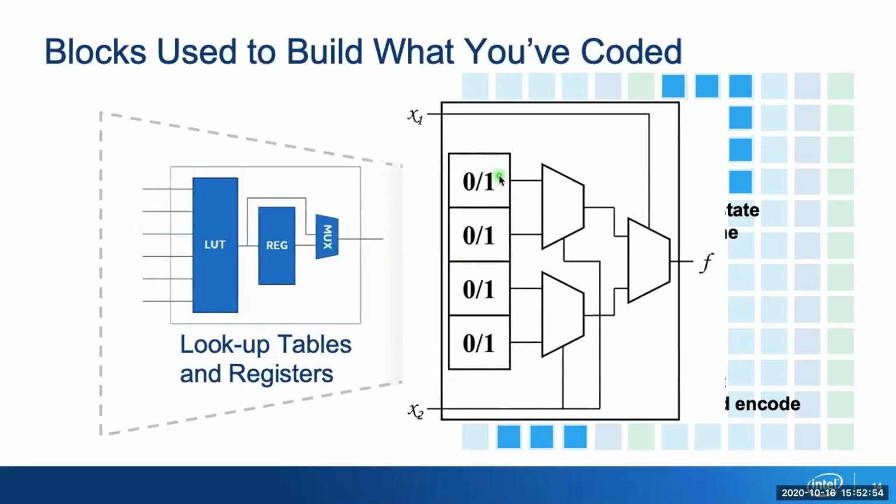So to change the logic function here, we can just write the right bits here, and depending on the input here, we have the correct output of the function. So this is the secret of the FPGAs.